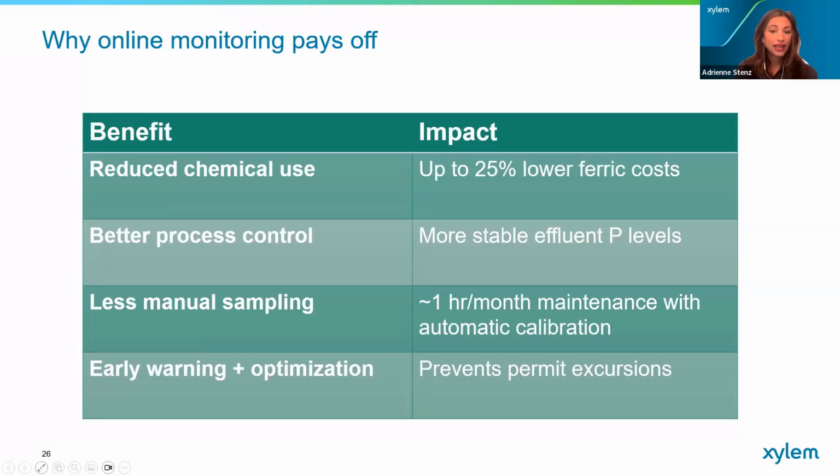Facilities that implement online analyzers to automate chemical dosing for phosphorus removal allow themselves to optimize that process, which more often than not leads to reduced chemical use, lower chemical costs, and less chemical sludge to dispose of.